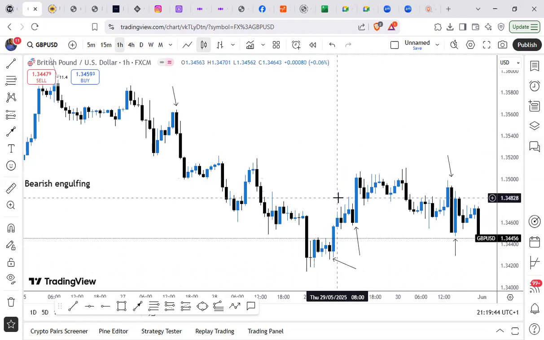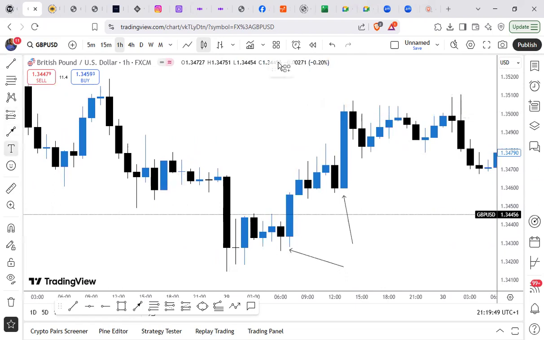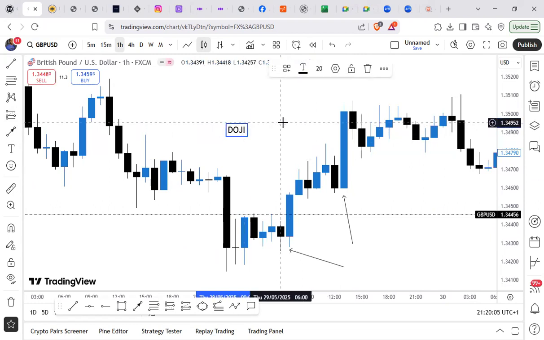Now the third type I want to show you guys is what we call the doji. Doji candle, D-O-J-I, is a sign of indecision.